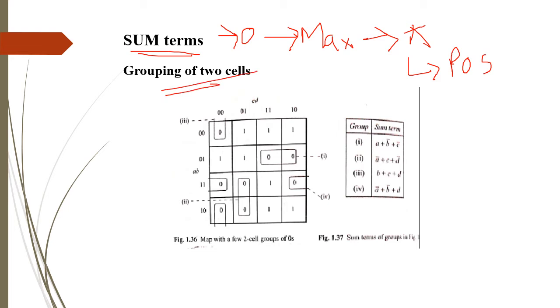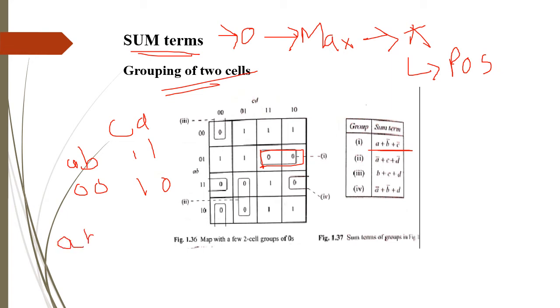So when you group 2 cells, you're going to get 3 literals, but these will be in the form of sum terms. If I just consider the first one, that is this grouping, you have AB as 0, 0 and CD as 1, 1 and 1, 0. So you have to write AB.